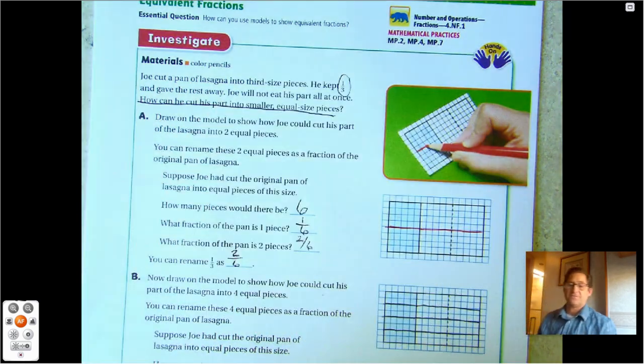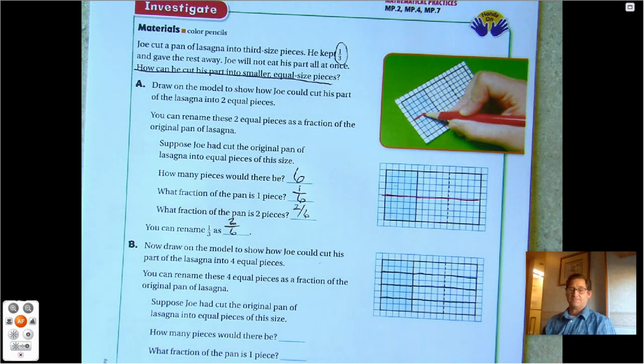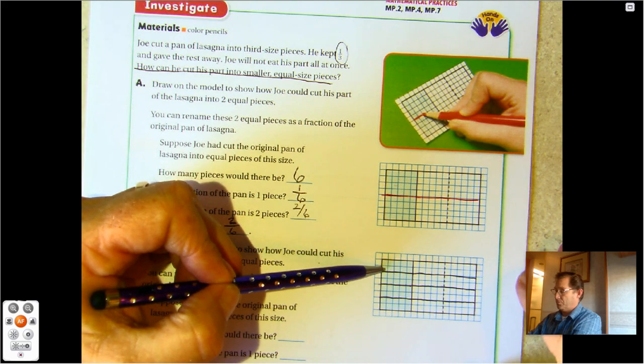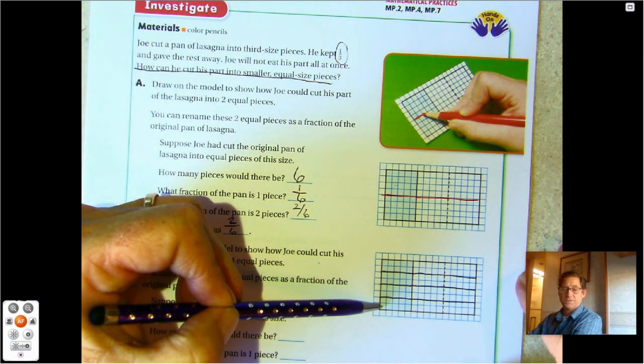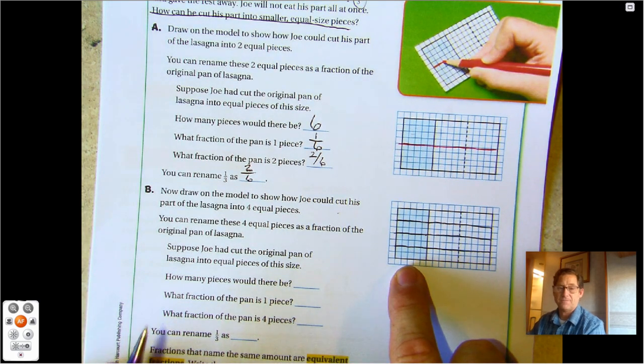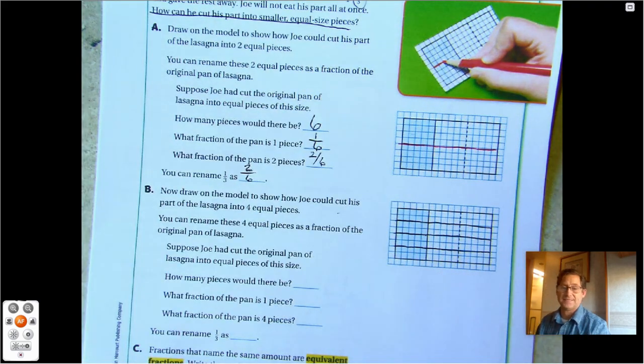And that should give us 4 equal sections. And it does, right? Row of 2, row of 2, row of 2, row of 2. Okay, so we took our 8 pieces, divided by 4, and we have 2 rows in each piece.